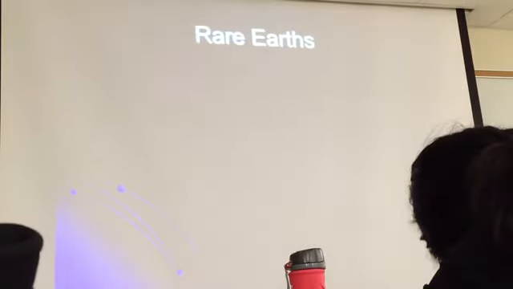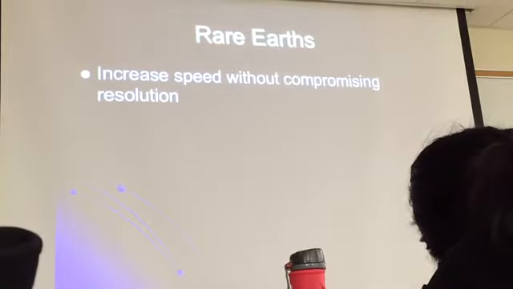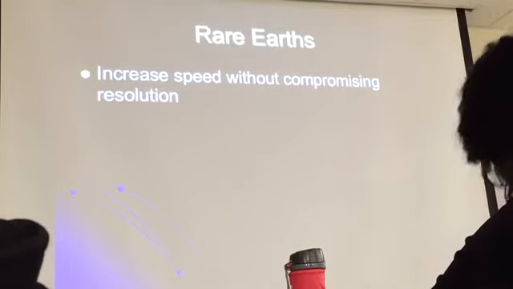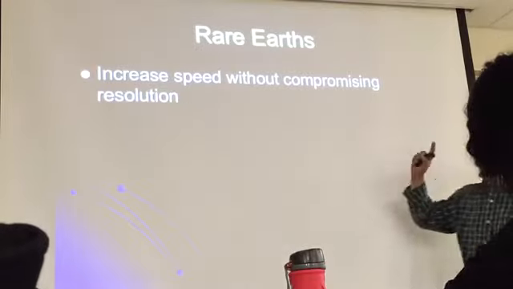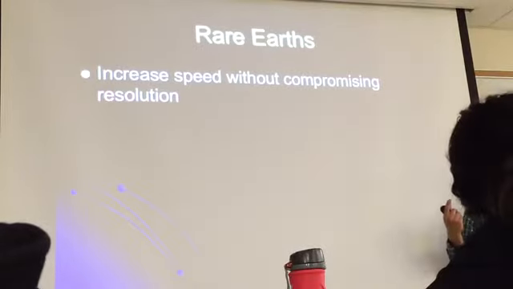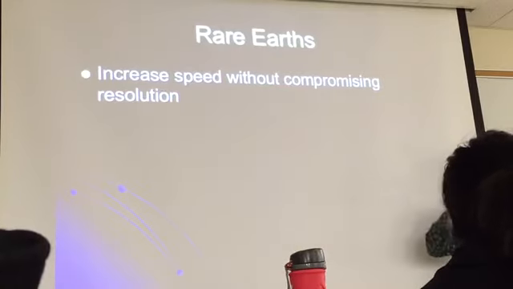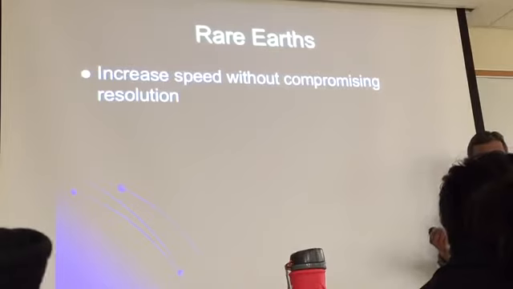So rare earths increase speed without compromising much resolution, I would say. There is loss of resolution, but you're not compromising it to the point that it's not of diagnostic quality, or the ability of the radiologist to make a diagnosis.